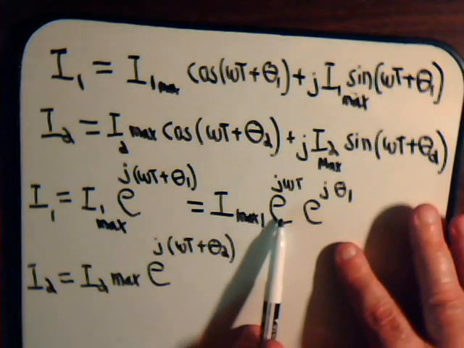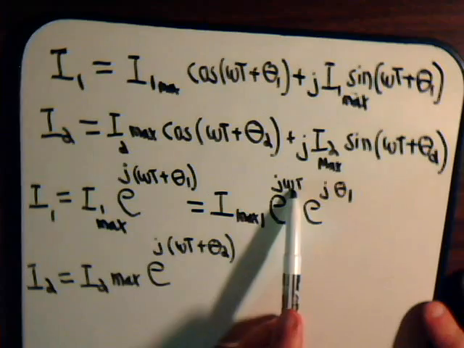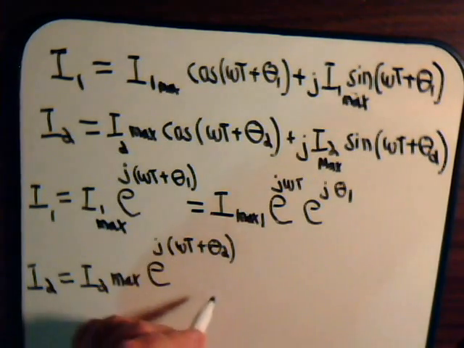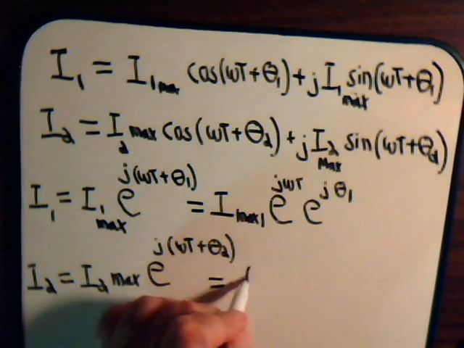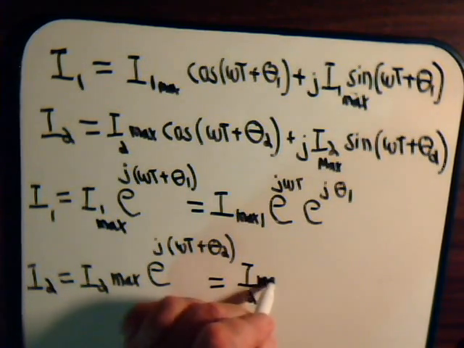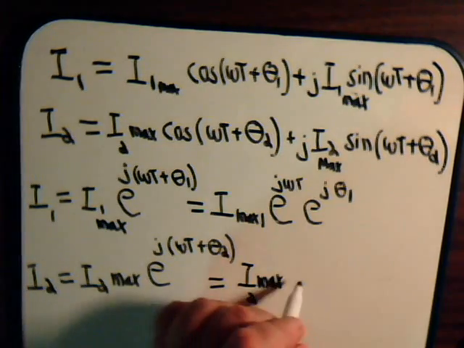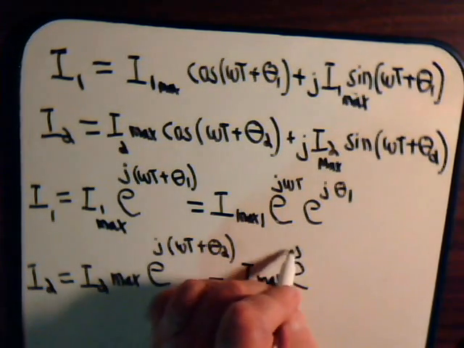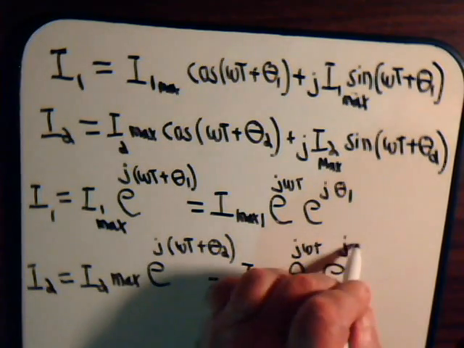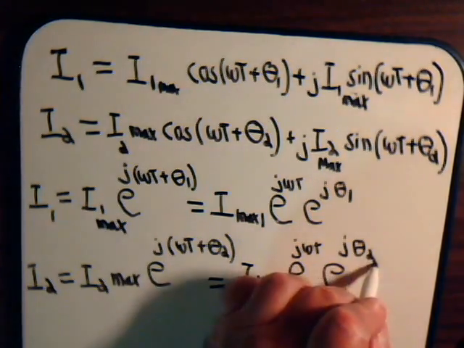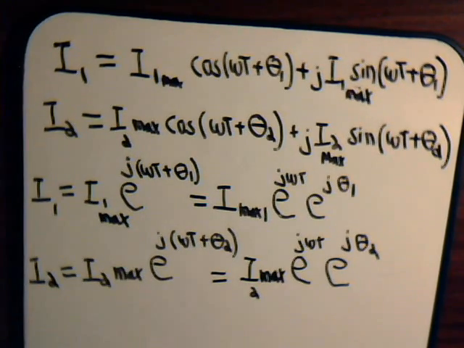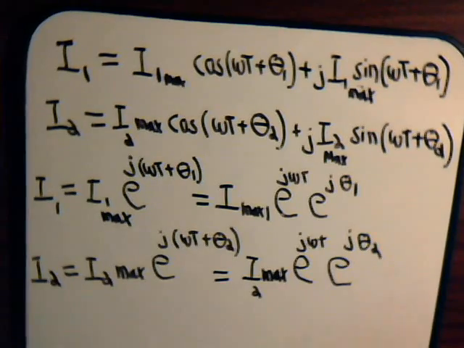Or if we had it written like this, we could say that could be e, and then we add these up, just like we have right here. So here we could write this as I2 max e to the j omega t e to the j theta 2.